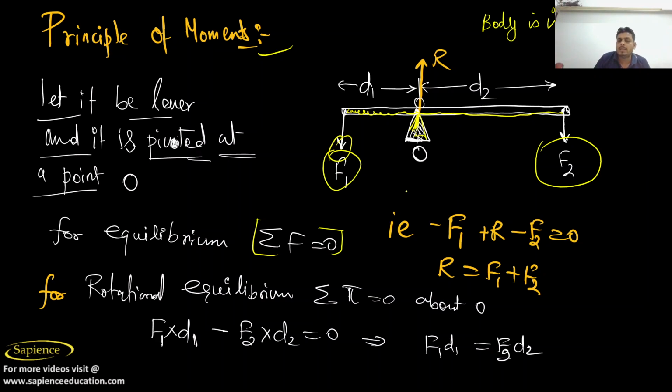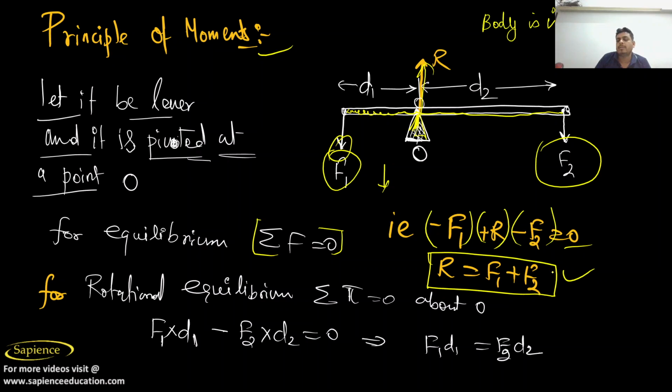Since F1 is in the downward direction, it is minus F1, and there will definitely be a reaction force, so the reaction force is plus R, and this is minus F2, and this is equal to 0. So we can write R is equal to F1 plus F2.